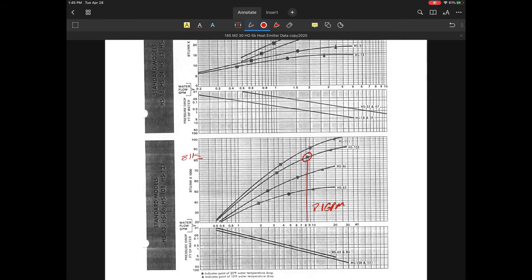And of course, what if I have less water flow? If I have less water flow, then I'll have a bigger water side delta T, but because of that average water temp being lower inside the unit, we're going to get less BTUs out of that unit as well.